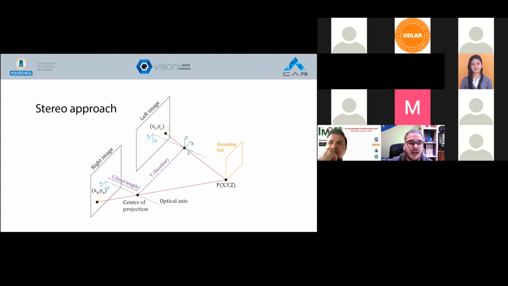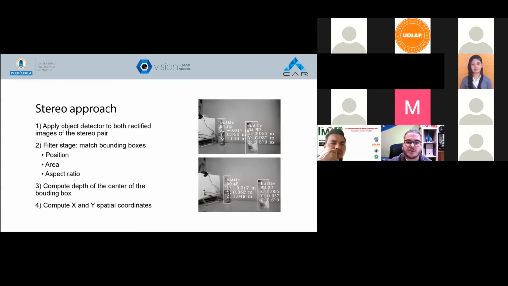In this next slide, we can see a briefly simplified process of this approach. First, the object detector is applied to both rectified images. We run two neural networks in parallel on both rectified images. In a second step, consecutive filters are applied to correctly match the bounding boxes of each image. This is a very important step because if we didn't correctly match the bounding boxes in the left image with those in the right image, we wouldn't have reliable measurements.